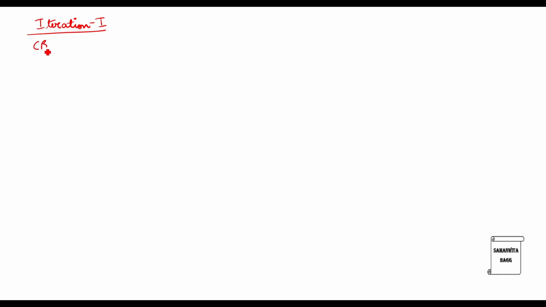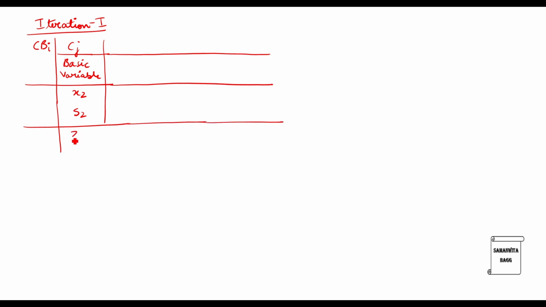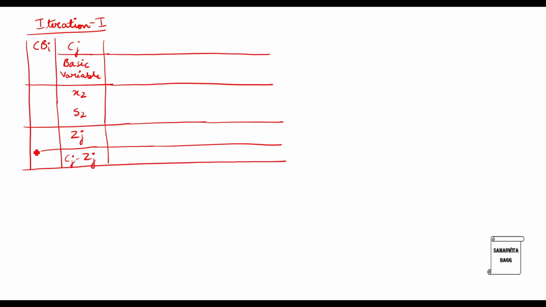We will start with CBI. The table contents remain the same. So here instead of S1, I will write down X2 and S2 will remain the same. Here you will have Zj and then you will have Cj minus Zj.